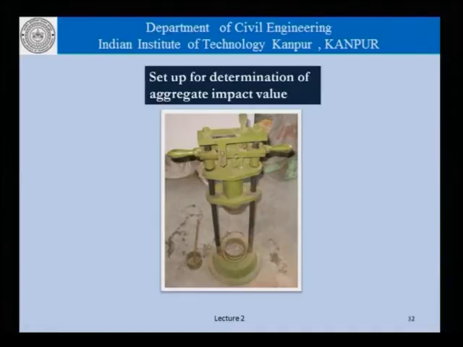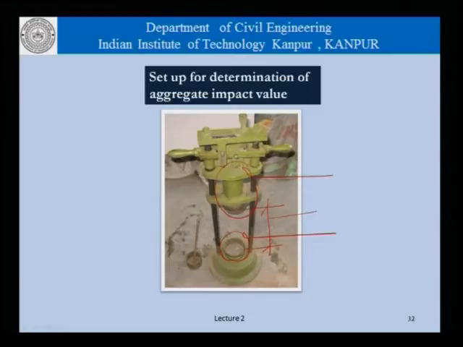This is the apparatus here for the aggregate impact value. This part here shows the cylinder where the aggregates are placed for determination of the aggregate impact value, and this setup here has a certain mass and it falls through a certain height and constitutes one standard blow.